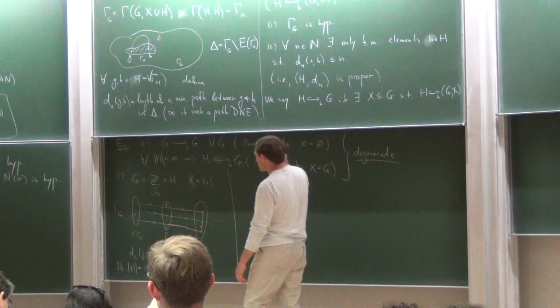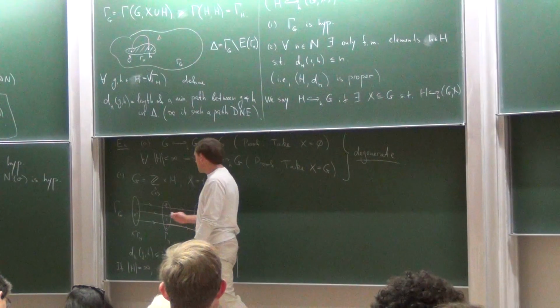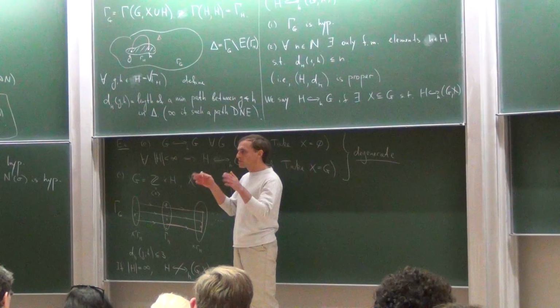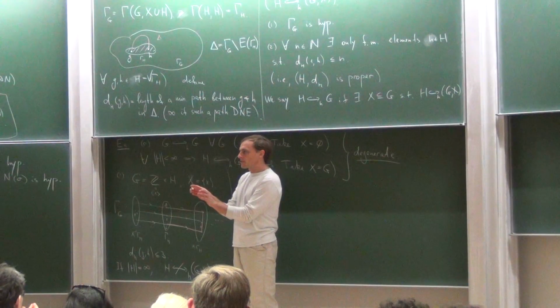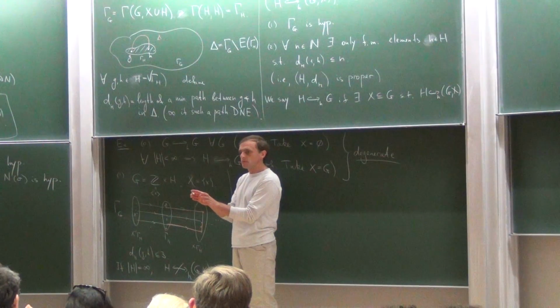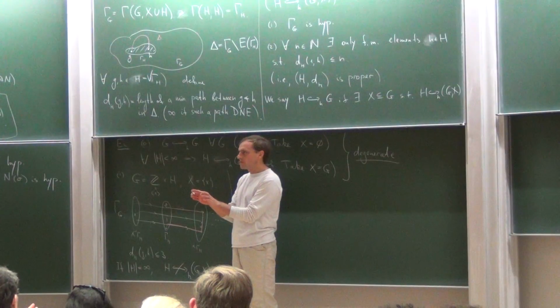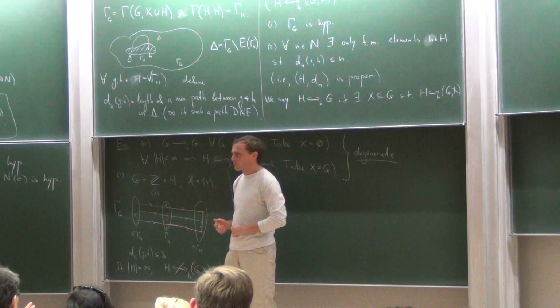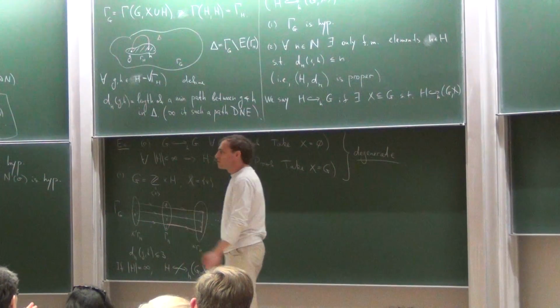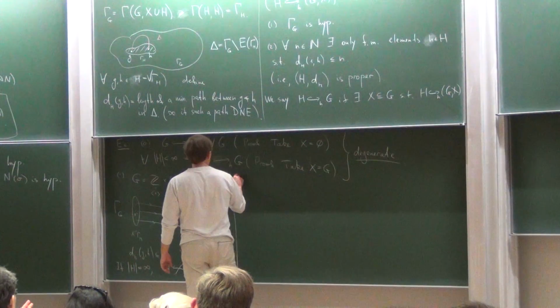And if you think about this a bit more, you will realize that every hyperbolically embedded group is almost malnormal, which means it intersects its non-trivial conjugate by a finite subgroup. So in particular, of course, semi-direct products also don't work.